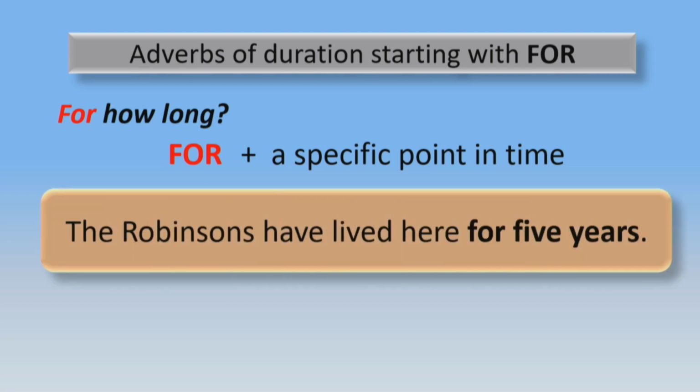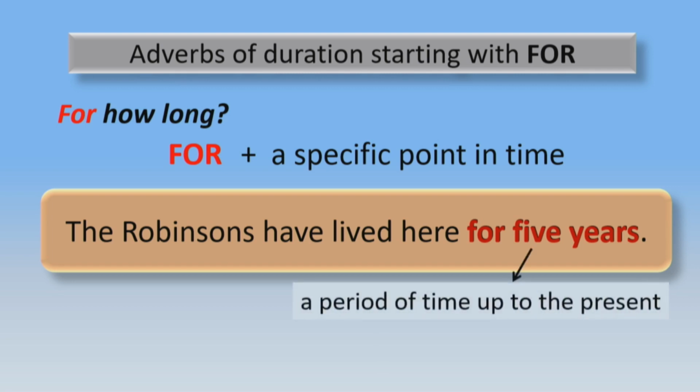For example, the Robinsons have lived here for 5 years. We ask the question, for how long, to obtain the duration for 5 years. For 5 years is an adverb of duration. It marks a period of time up to the present.